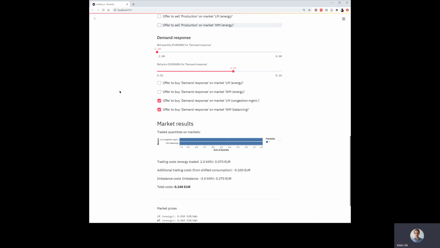And playing with these settings, we can indicate to the end customer what kind of decisions are made on his or her behalf on the markets, and what kind of results that would entail. So what kind of costs from that trading might happen, and what kind of uncertainties that poses.